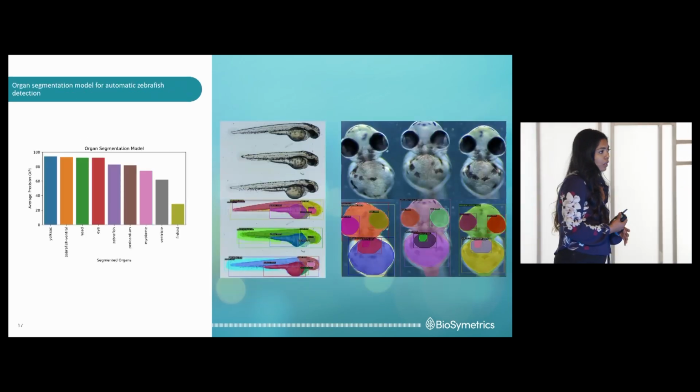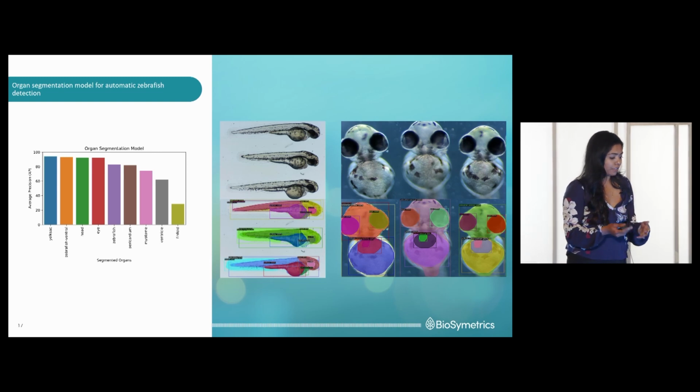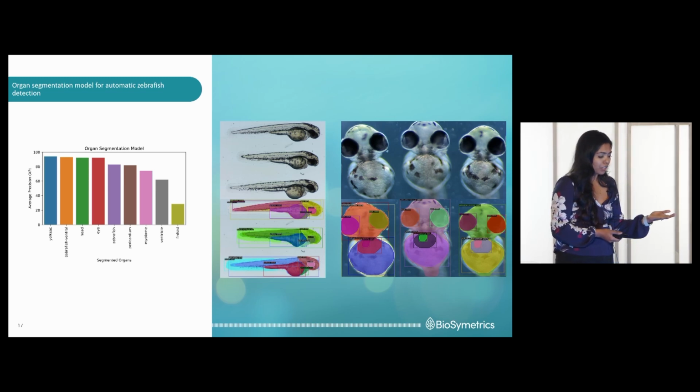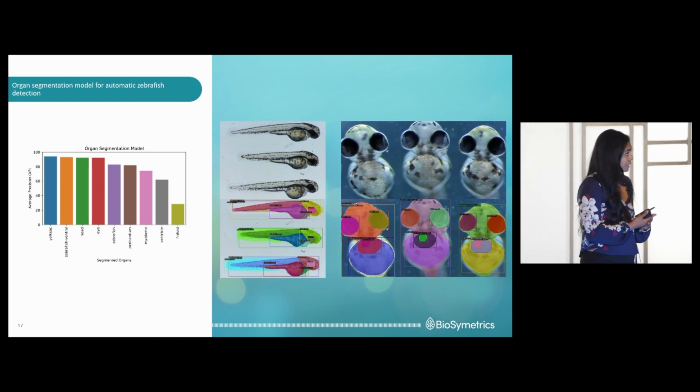So the overall model, on the test set, this figure here is how it performed. So you have our score of average precision, and then all the 9 organs labeled at the bottom. And you can see that for the most part, the model did fairly well. Most of the labels achieved a score of above 80%.